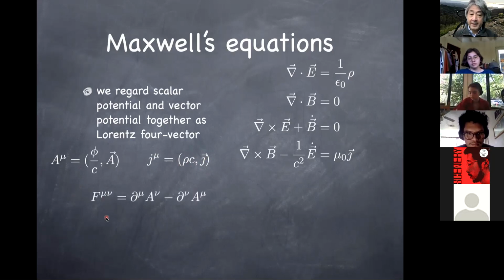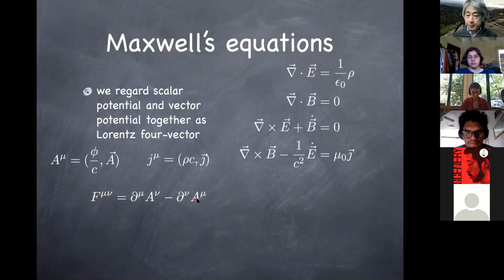And the field strength, E and B, is combined into this tensor. So μ and ν indices both take values from 0, 1, 2, and 3. So I have 4 possibilities for μ, 4 possibilities for ν. But F^μν is basically a curl, just like the magnetic field is when you write it in terms of the vector potential.